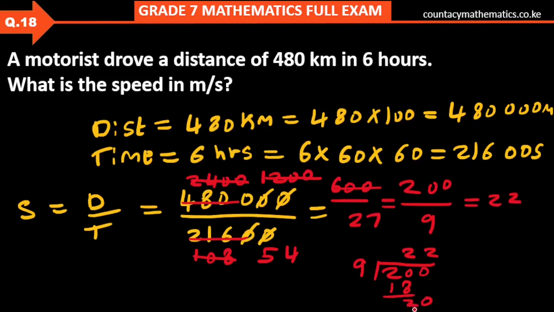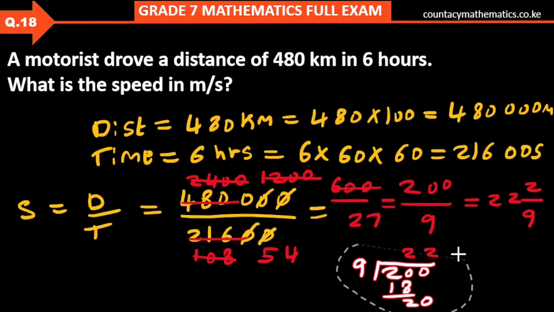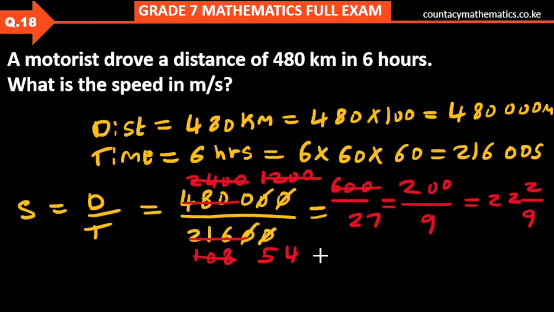And here, once you minus 20 minus 18, you are going to get 2 over 9. We might not need this for now. And finally, we indicate that the solution we get here is 22 2 over 9.